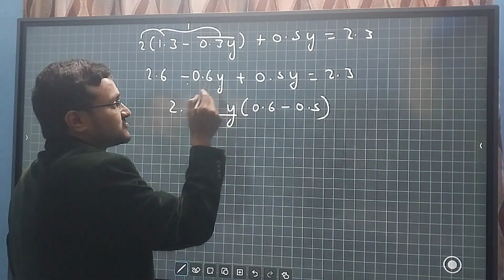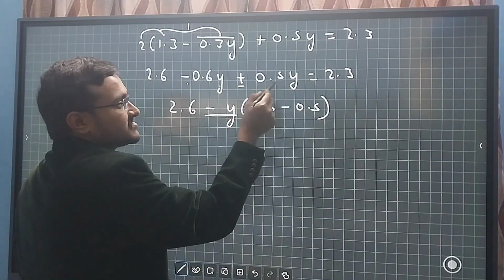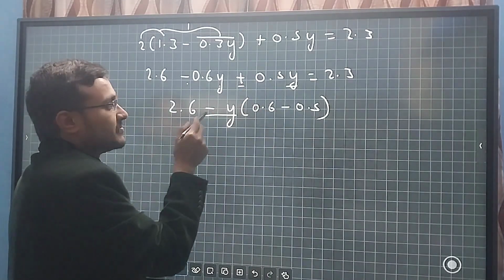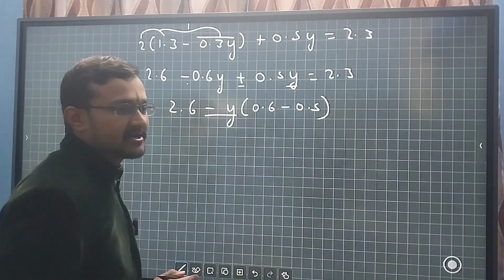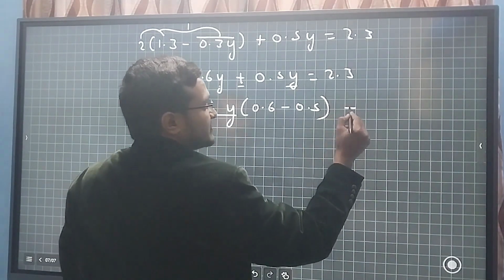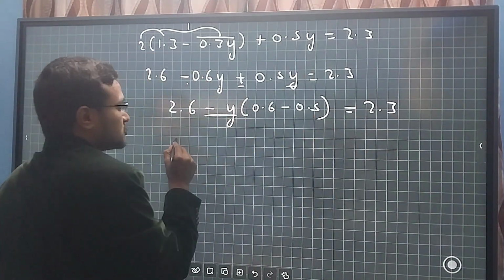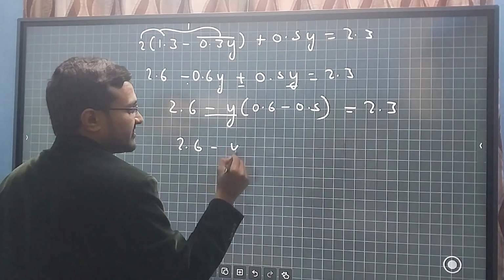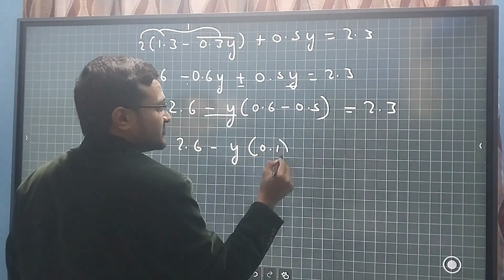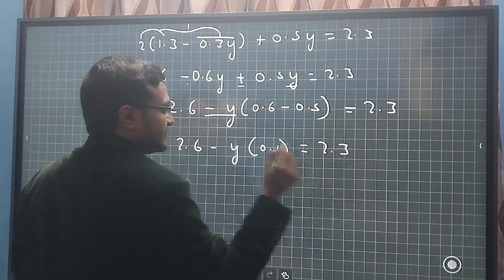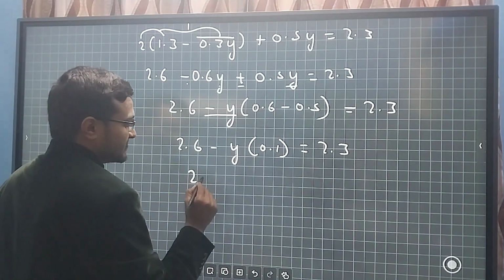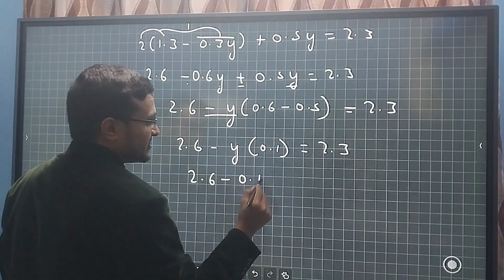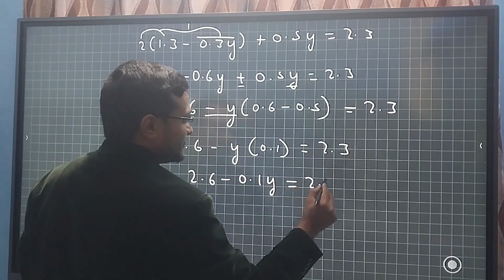So when I take minus y common from this plus y, that's why inside the bracket minus will be there. So 0.6 minus 0.5 will be 0.1. This is equal to 2.3. So 2.6 minus y in the bracket you will have 0.1, is equal to 2.3. 0.1 into minus y, you will get minus 0.1y. So 2.6 minus 0.1y is equal to 2.3.